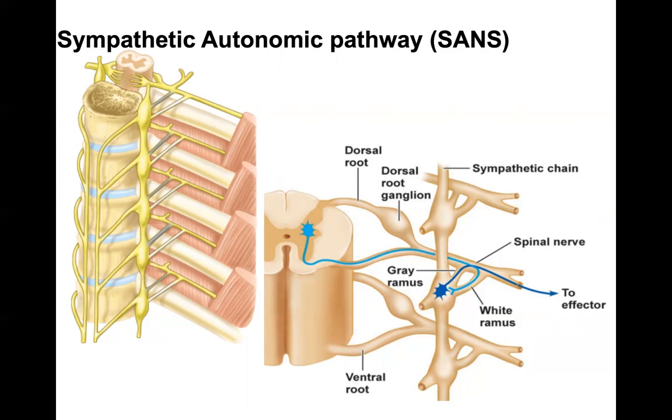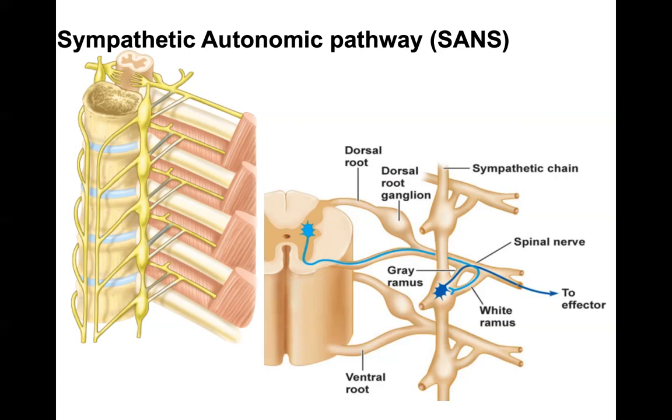So it's next to the vertebrae, so it's paravertebral, and then a chain of ganglia. And this is where the cell bodies of the postganglionic neurons are, and they have axons that extend out to the effectors. So I'm going to show on the right here the pathways of these preganglionic neurons and postganglionic neurons.